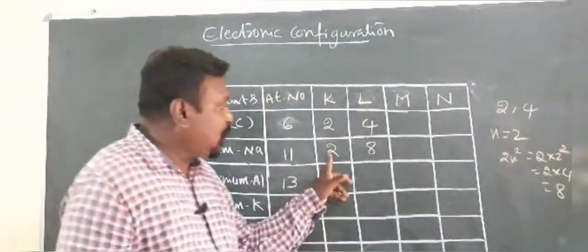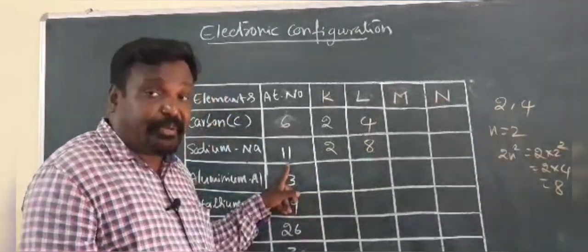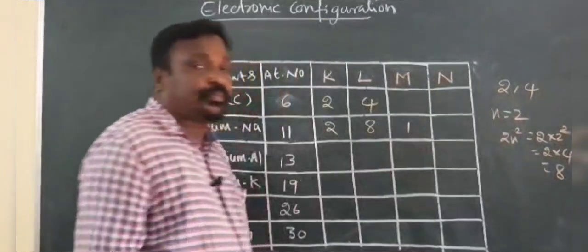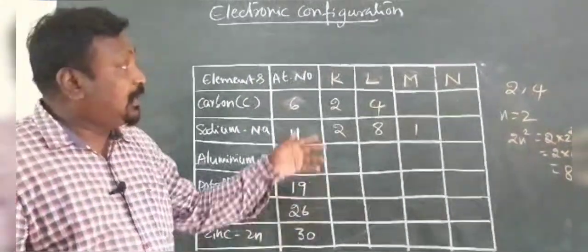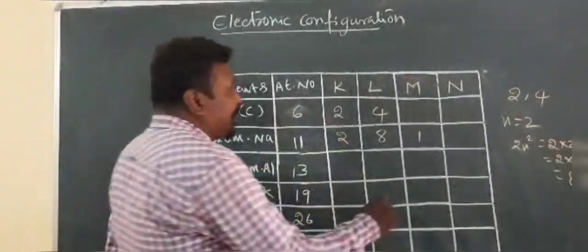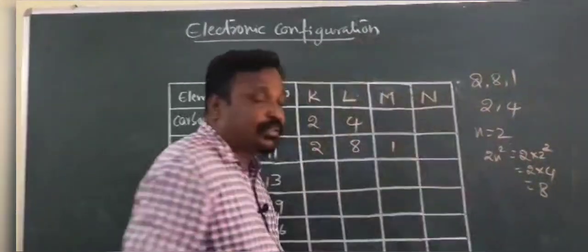That is 2 plus 8, 10. The atomic number is 11, therefore 1 electron remained, and that 1 electron goes to M shell. That means the electronic configuration of sodium can be written as 2, 8, 1.